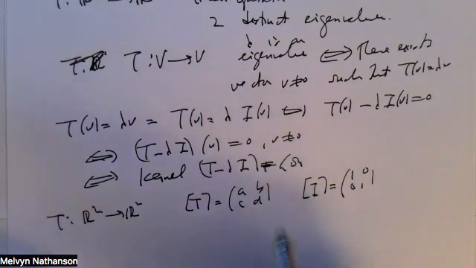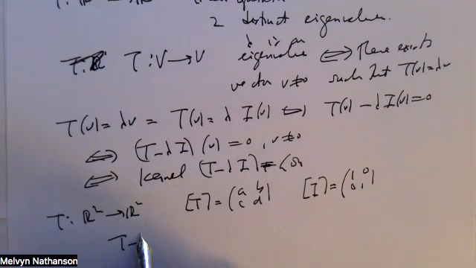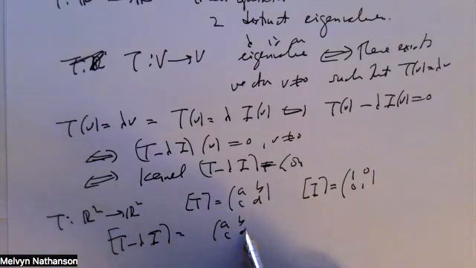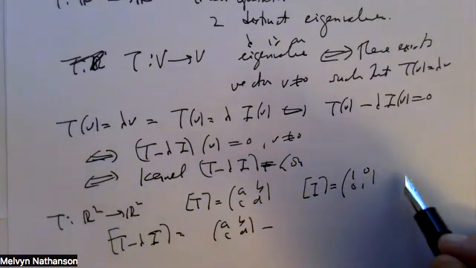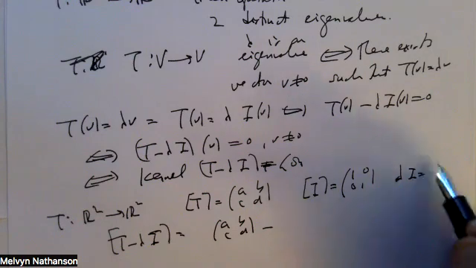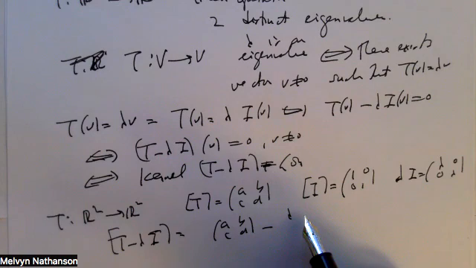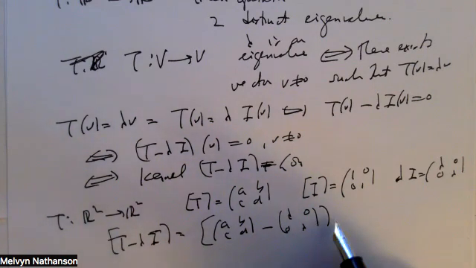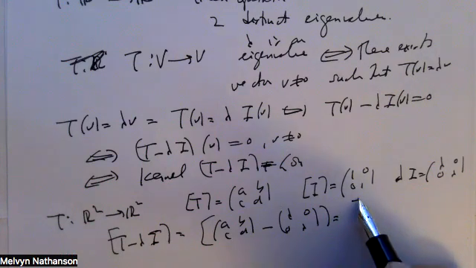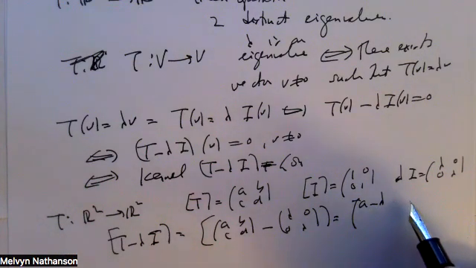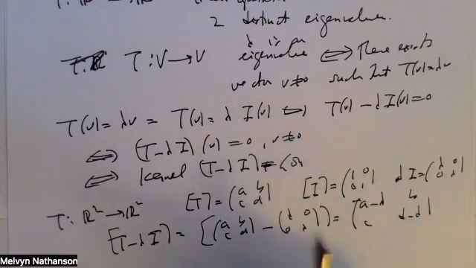That's the identity. And what is the matrix for T minus lambda I? That's A, B, C, D. Lambda I is just lambda down the diagonal. So that's A minus lambda, B, C, D minus lambda.